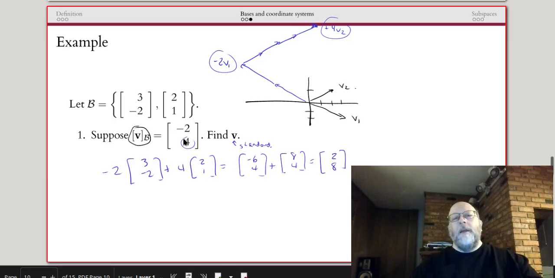So again, in the alternate system, we can go negative 2 along v1, positive 4 along v2. That gets us to a point. But we could also just go 2 in the x-axis and 8 in the y-axis, and that gets us to the same point. These are my standard coordinates.